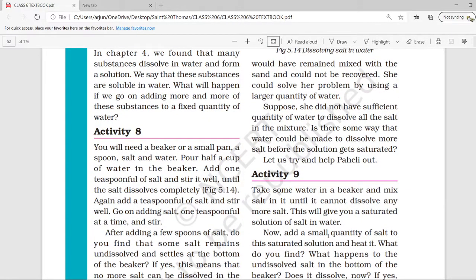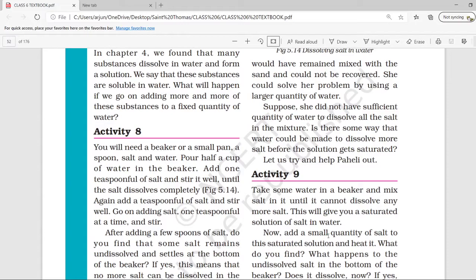Moving further, again add a teaspoonful of salt and stir well. Go on adding salt one teaspoonful at a time and stir. You have to repeat this step continuously.